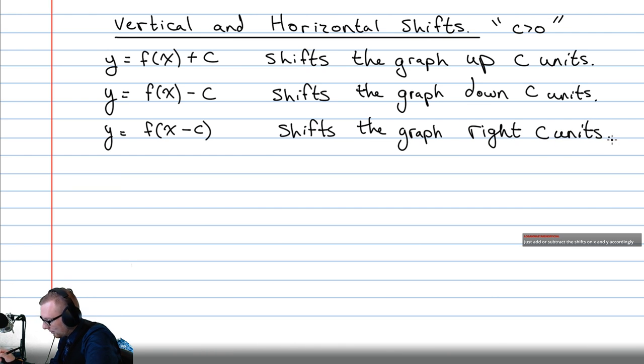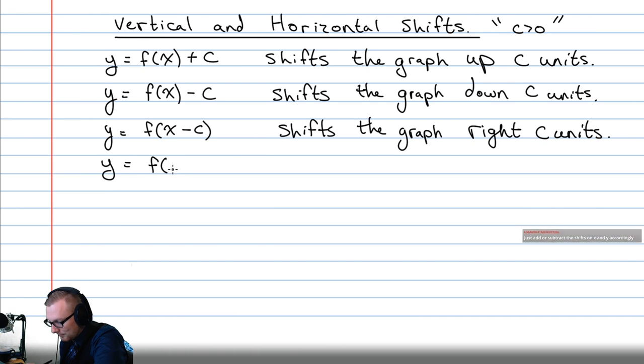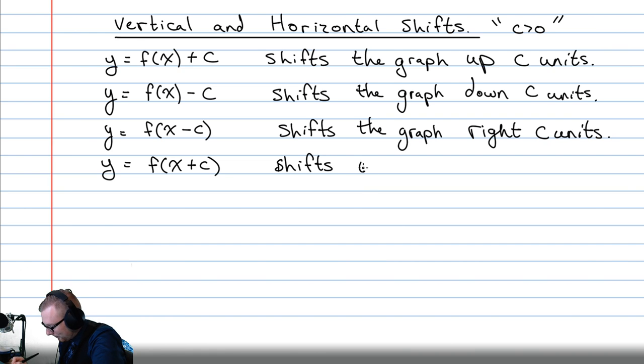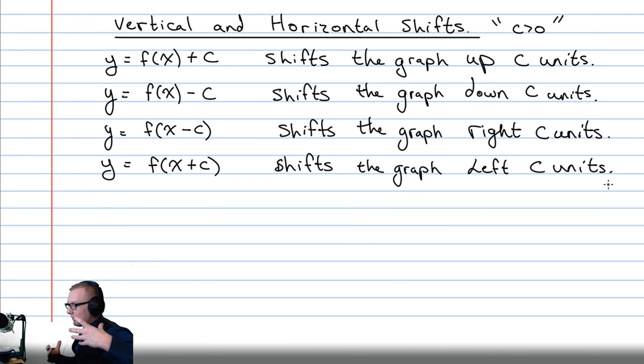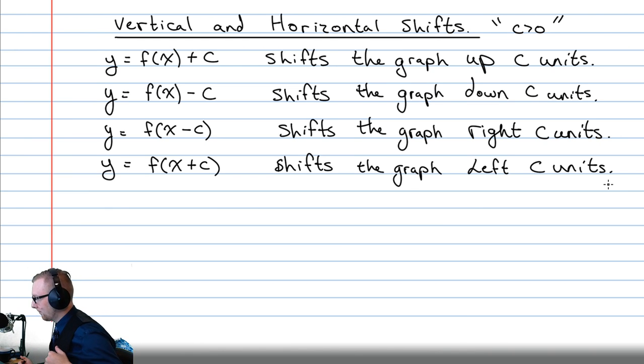I'll explain it once I'm done with the notes here. And y equals f of x plus c shifts the graph left c units. What I'm giving you notes on is in general. So you've had those 4 functions.